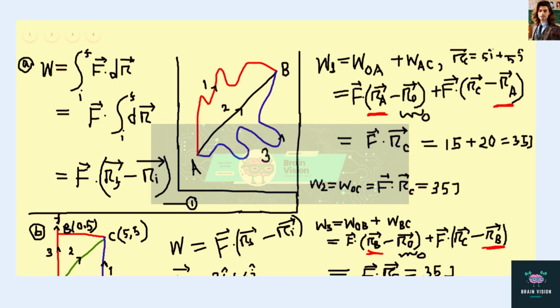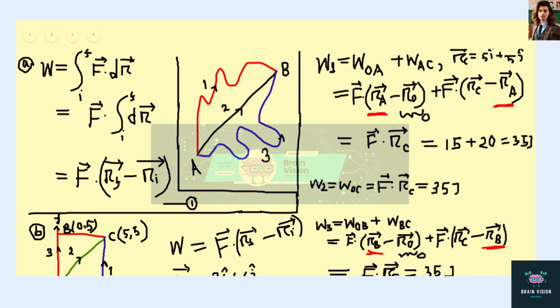Now I'm writing the basic definition of work done. Basically, in physics, work done means when force is applied to an object and it is displaced, or the object changes its position.